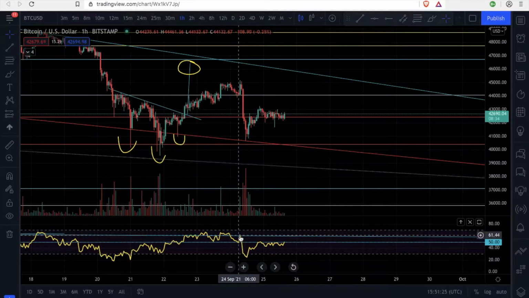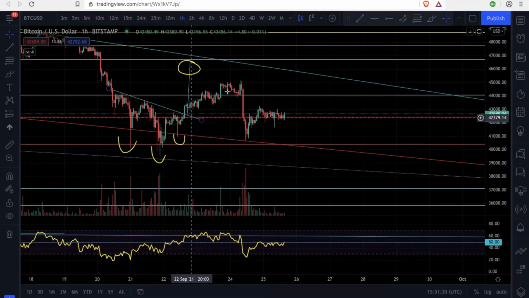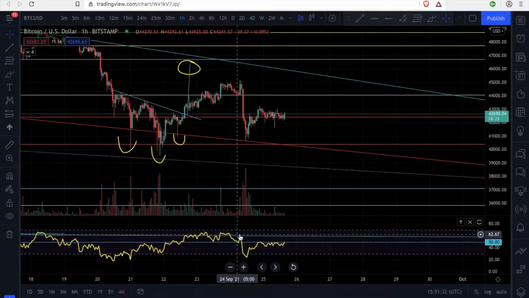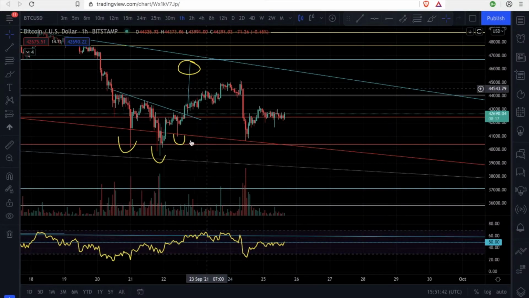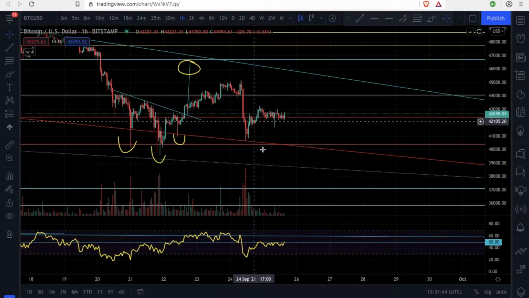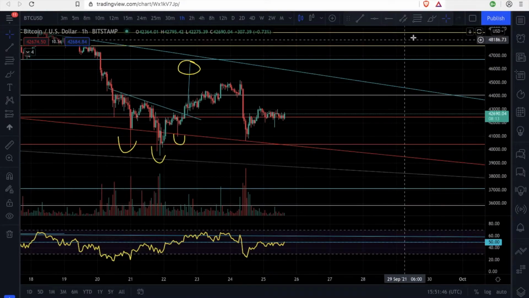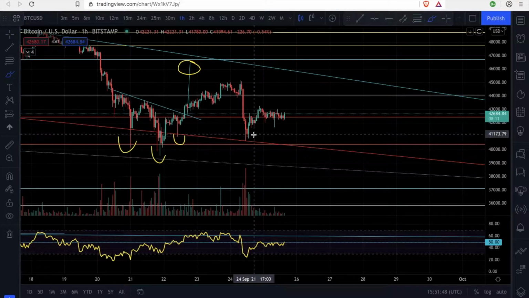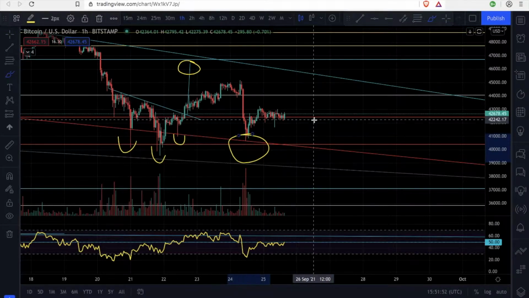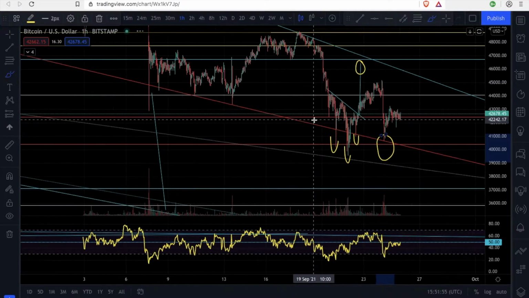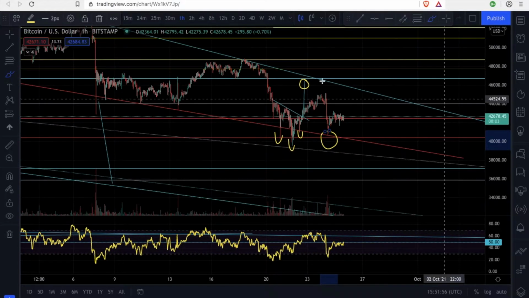The Bitcoin price was going higher while the momentum in the RSI was heading lower, and it created a big bearish divergence, and boom, heavily rejected. The Bitcoin price went exactly to the support line I drew a couple of days ago, which is the bigger pattern I was mentioning.